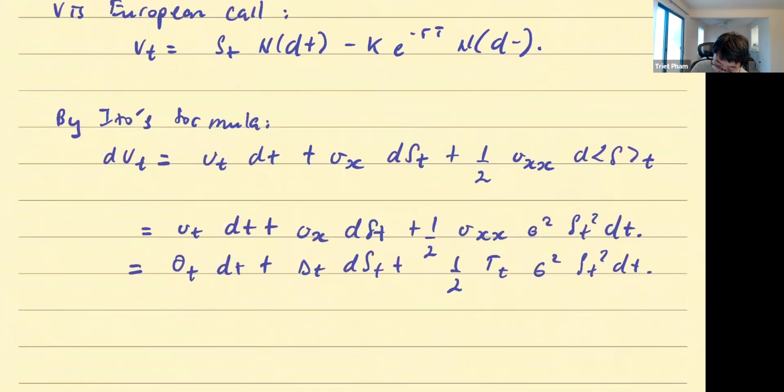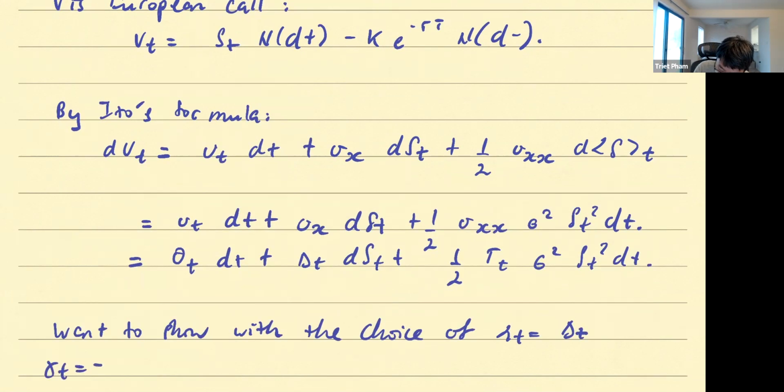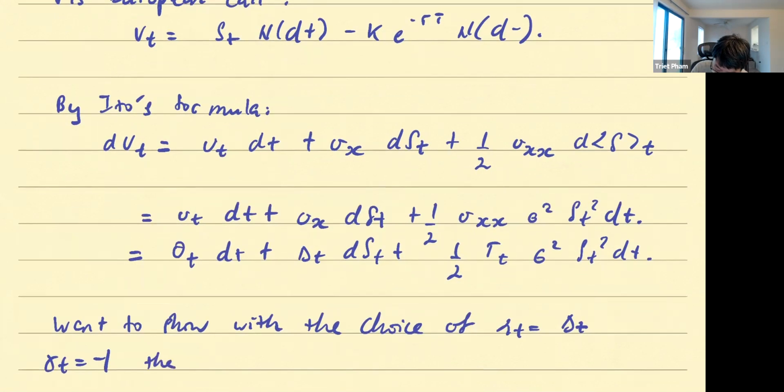What I want to show you is that with the choice of alpha t, which is delta t, and gamma t to be -1, then the portfolio value at time big T will be exactly V0.